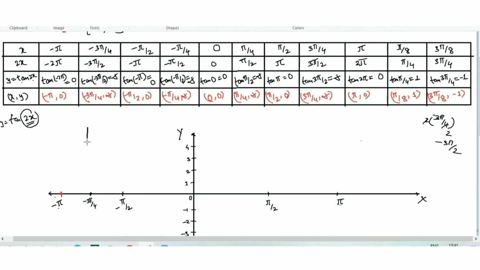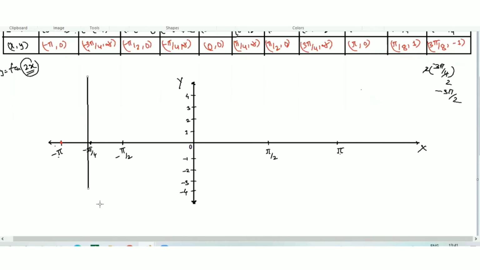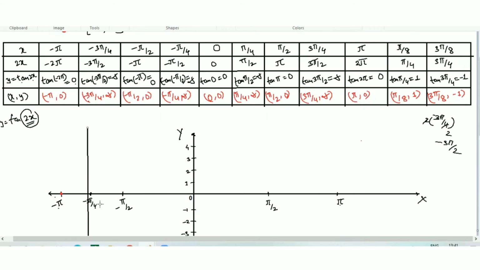Let's draw the asymptote line. Here is an asymptote line.